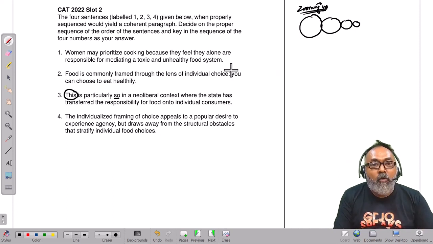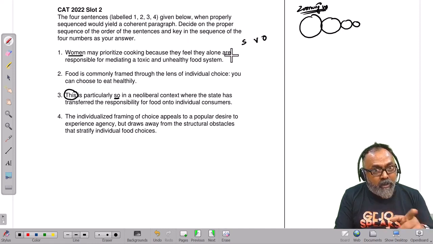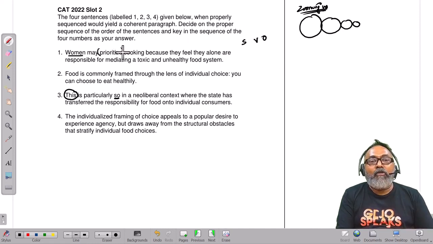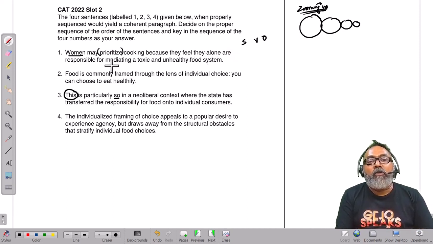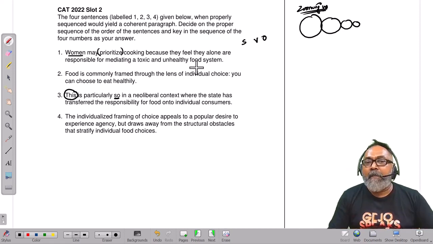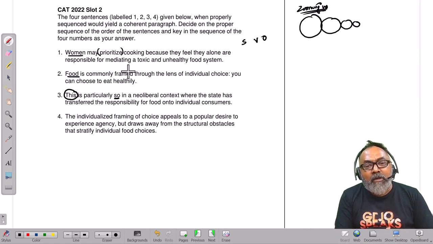So let's read sentence number 1. Women may prioritize cooking. Subject, verb, object. Subject, women. May prioritize cooking because they feel they alone are responsible for mediating a toxic and unhealthy food system. Great. Food is commonly framed through the lens of individual choice.